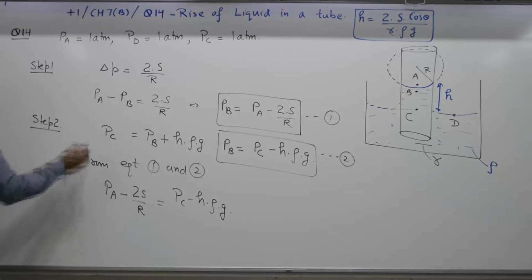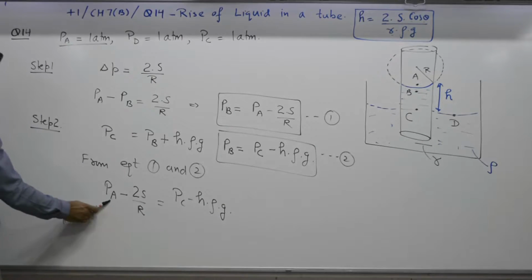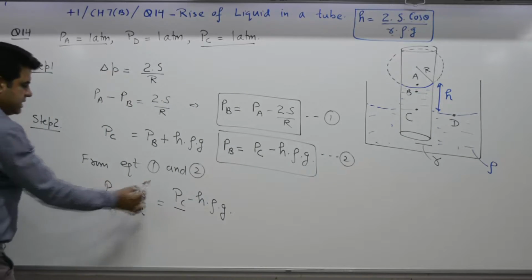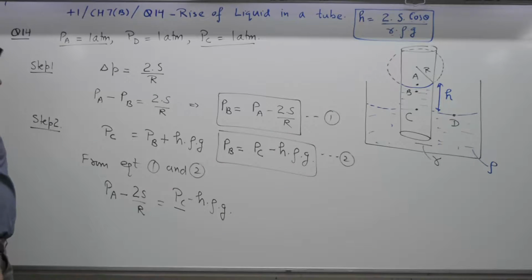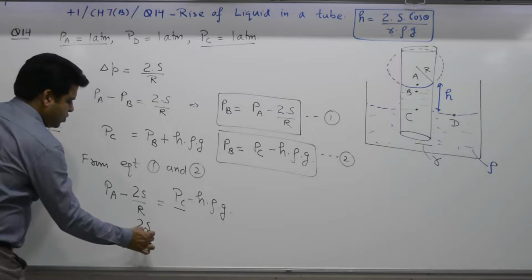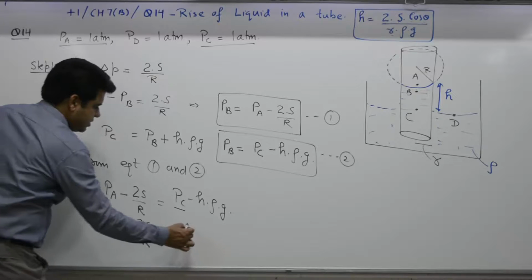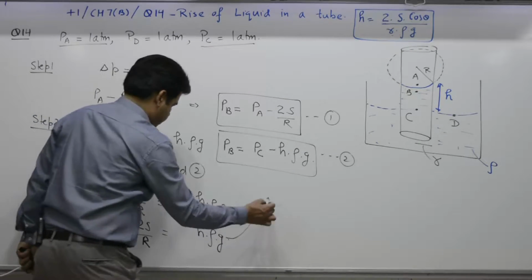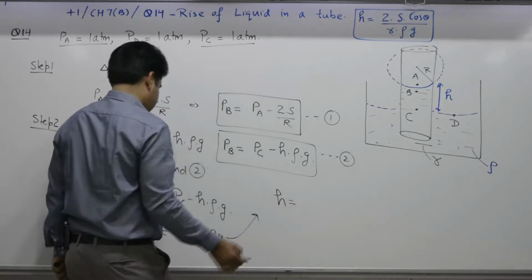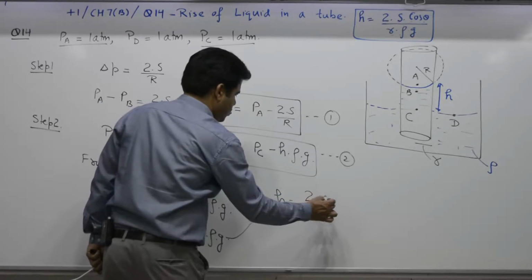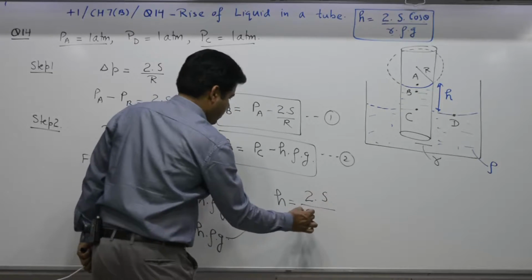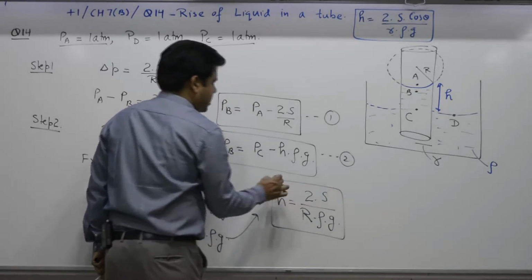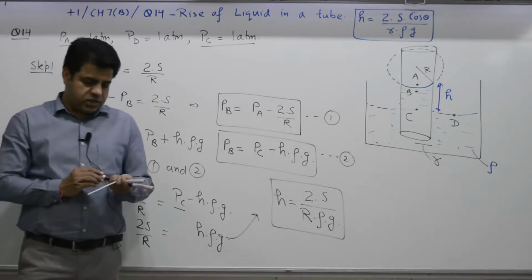What was the value of PA? 1 atmosphere. What is the value of PC? It is also 1 atmosphere. So these two cancel. What you get is 2S by R is equal to h rho g, or h is equal to 2S over R rho g. Time with you is 4 minutes to write this.